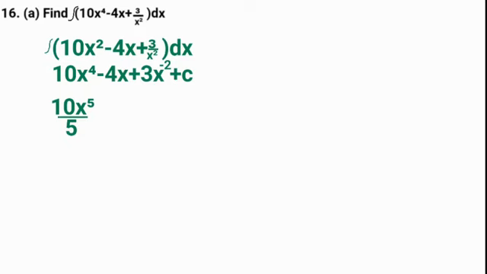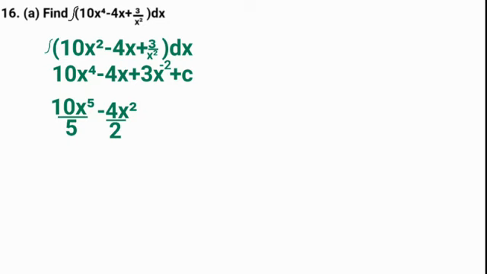Then we have negative 4, which has no power. When a number has no power, that means it is raised to the power of 1. So I'm going to add 1 to 1, which will give me 2. So negative 4x will be raised to the power of 2, over 2.